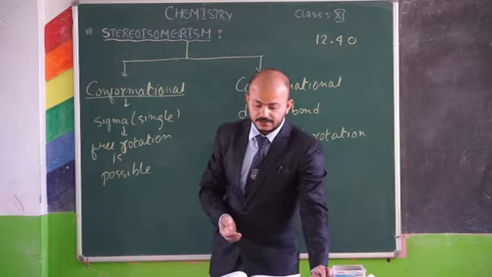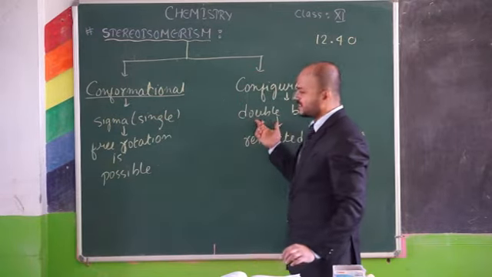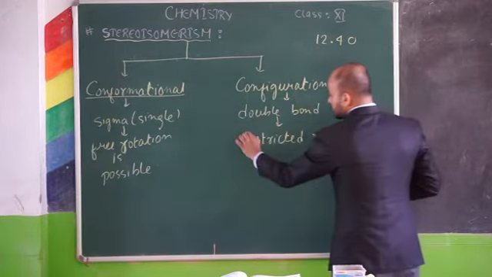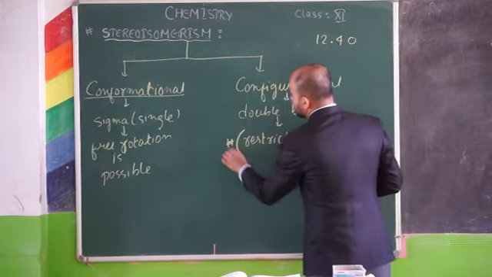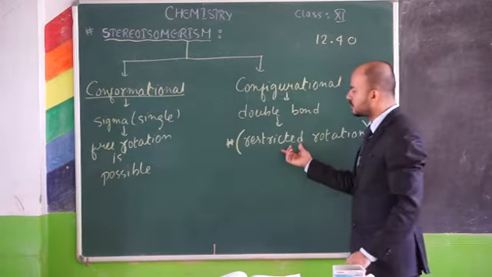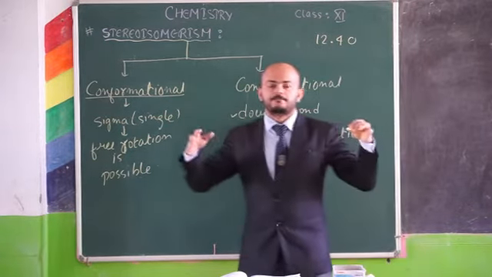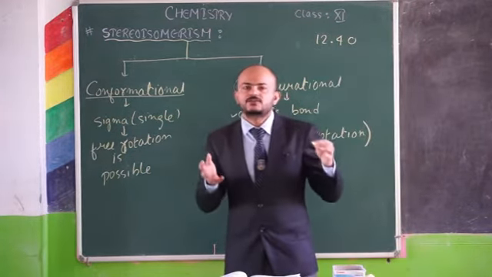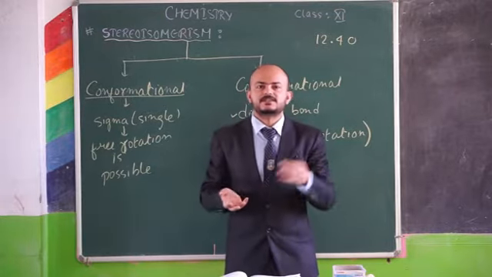In this configurational isomerism, the most important part is the restricted rotation. This restricted rotation could be because of a double bond or the presence of other bulky groups, because of which they cannot rotate throughout, say, 180 degrees or 360 degrees.